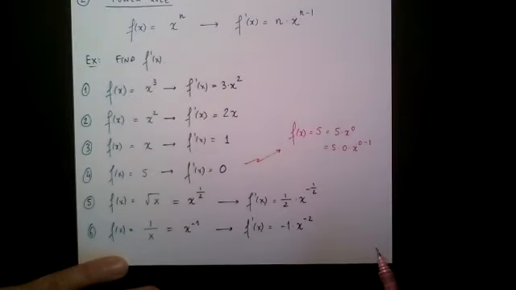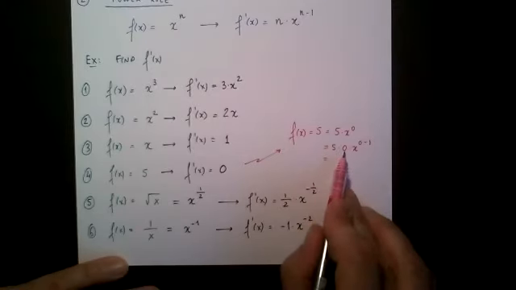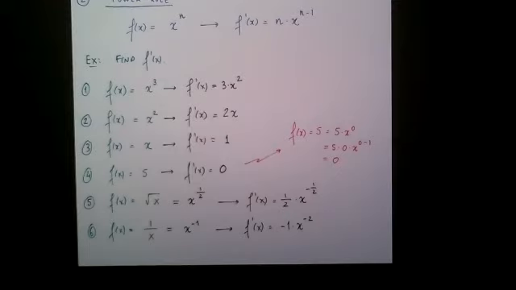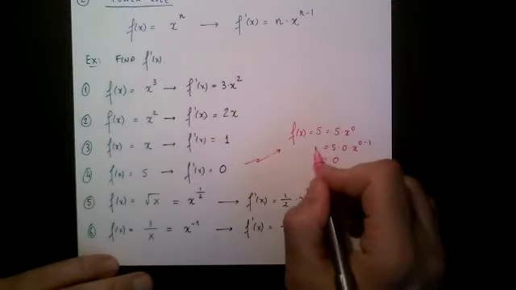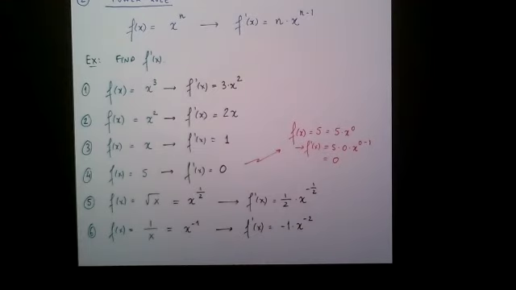That's my rule. So it's 5 times 0 times x to the minus 1. So that's 0. This is actually f prime of x. Is it clear? Yeah, thank you.